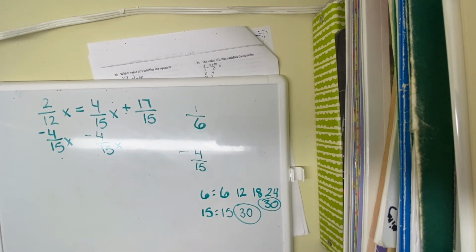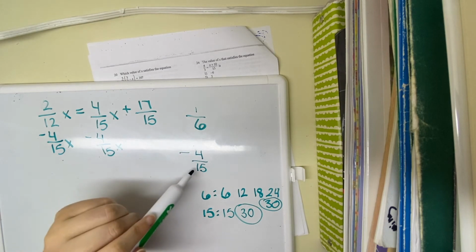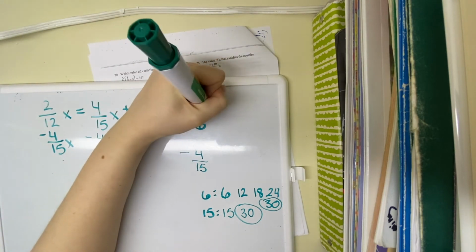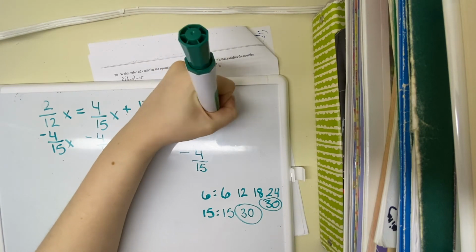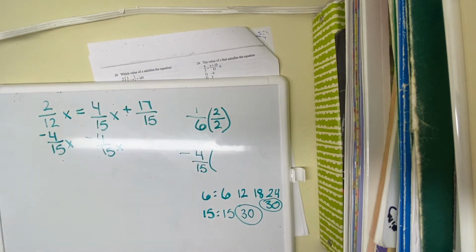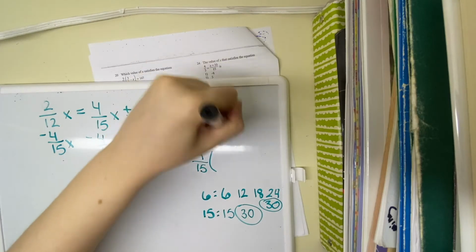So what I'm going to do is multiply the 1/6 by 5/5 and the -4/15 by 2/2 to get them both to be 30. So 2/2, 4/15, oops, sorry, I meant 5/5.